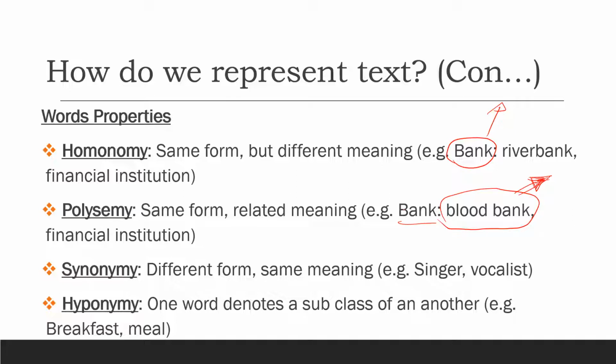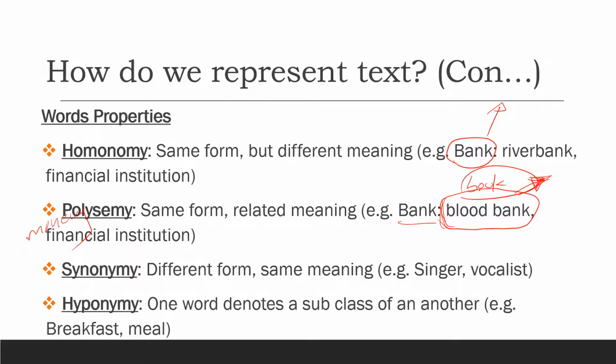Financial institutions are doing the same functionality. They are using money as an object, and they are using blood as an object. But here both have similar, related meanings. That is called polysemy. Synonymy, in the sense they have different forms. There are different words, but they have the same meaning.